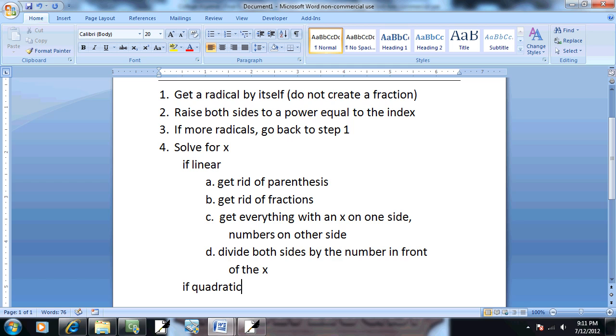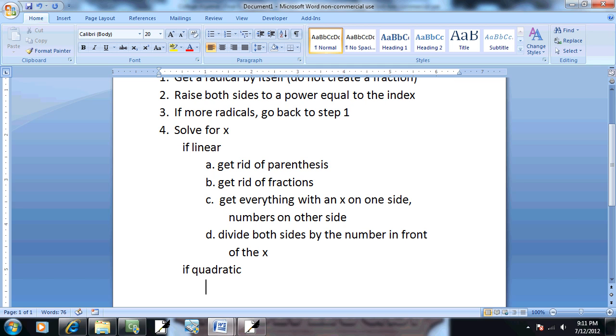Now if it's a quadratic, get everything on one side, 0 on the other side.